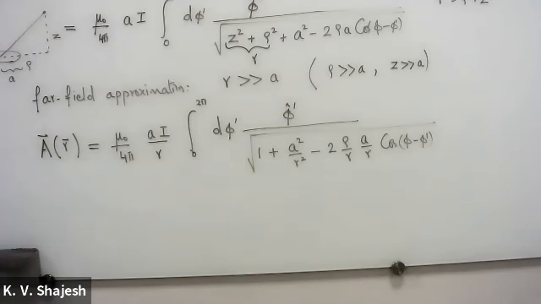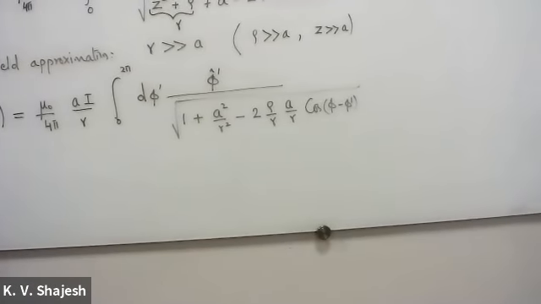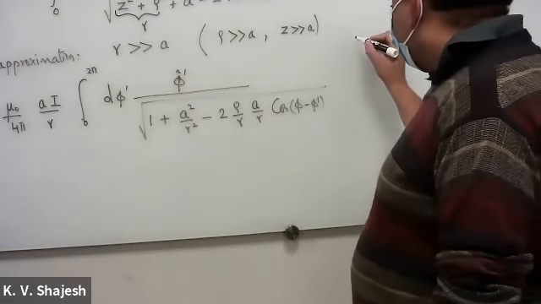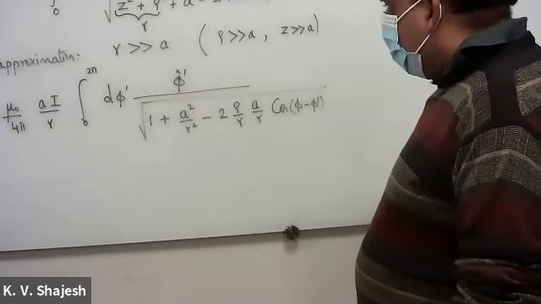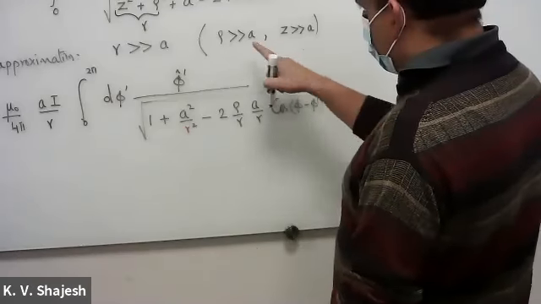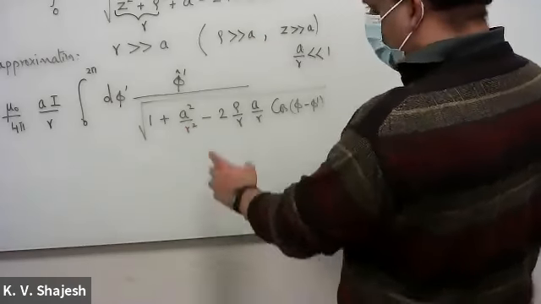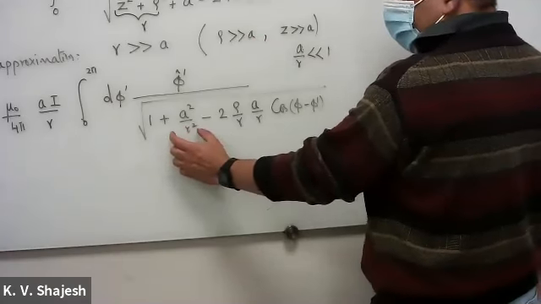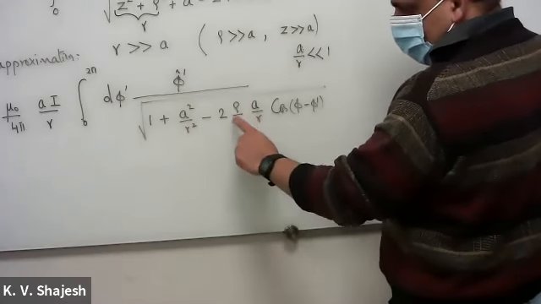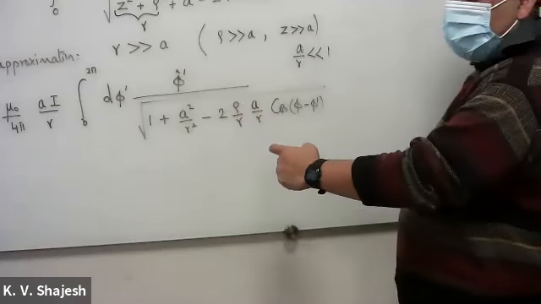So how does that help me? I said in this approximation we will be able to do better. Notice that a over r is small. That means this quantity is going to be significantly smaller than this quantity. Why? First of all, this is less than 1. Rho is always less than r.